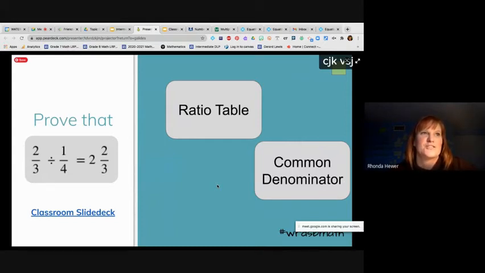Let's say 1/3 and 4/6. If I create a common denominator, I now have 2/6 and 4/6. It's easy for a child to think, how many times does 2/6 go into 4/6? That's so much easier to grapple with than invert and multiply.